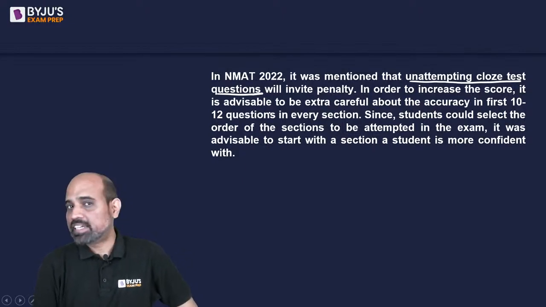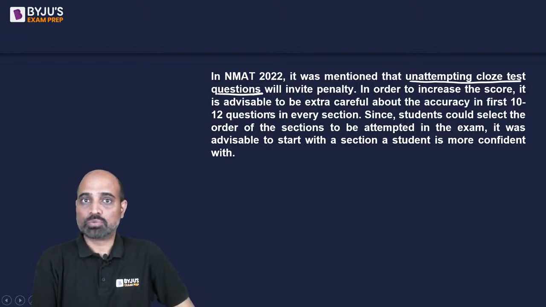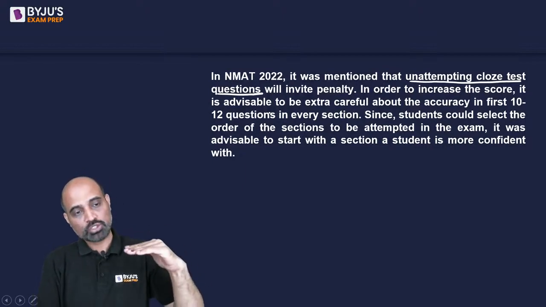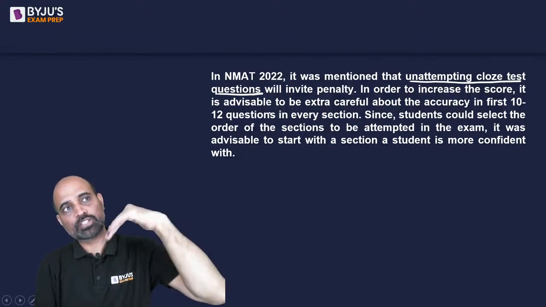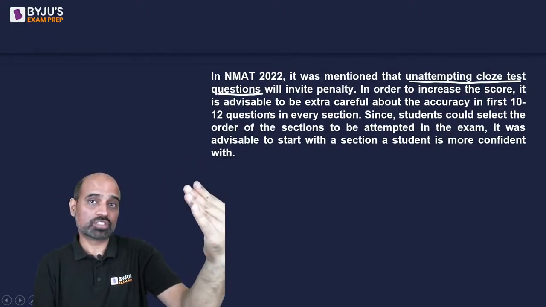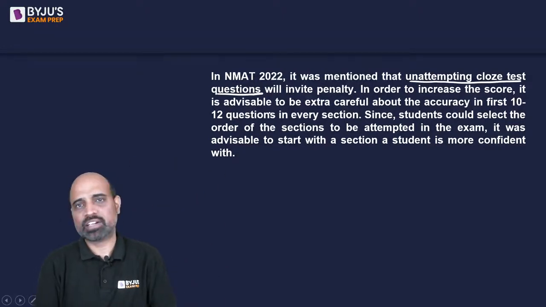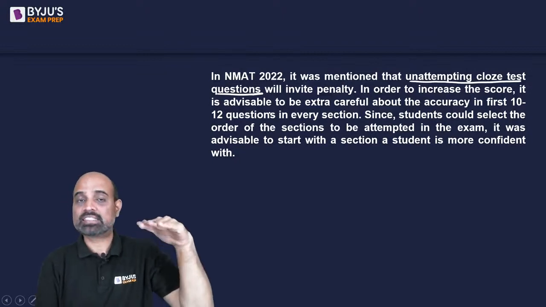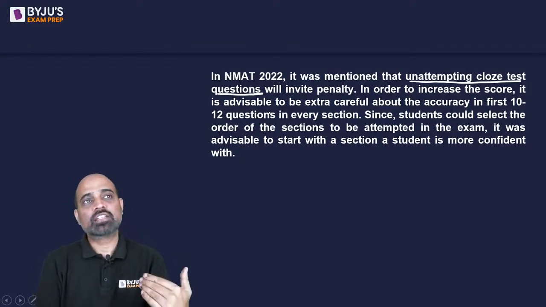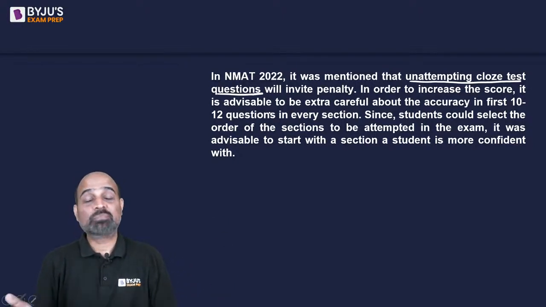So अगर आपने स्टार्टिंग के 10 to 12 क्वेश्चंस थोड़ा आराम से जाके अगर सही कर लिए तो there is high probability that you will be scoring good. क्योंकि once you reach 10-12 क्वेश्चंस के बाद a certain limit, your scaling and the weightages that you get for the difficult questions become so large that even if you drop down after that, आपका reduction नहीं होगा. पर अगर आपने पहले ही स्टार्टिंग के क्वेश्चंस में गलतियां कर दी तो उसके बाद आप बहुत भी कोशिश करोगे, your score will not increase that much. Okay? The reason behind is how the formula works for this software.